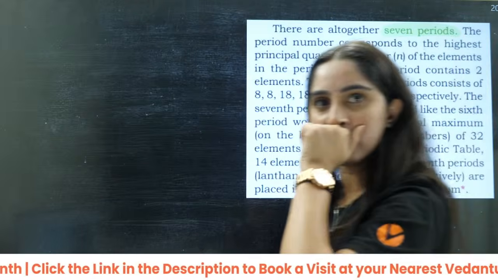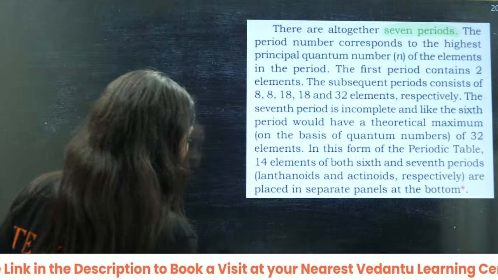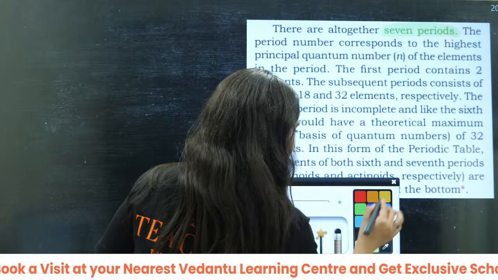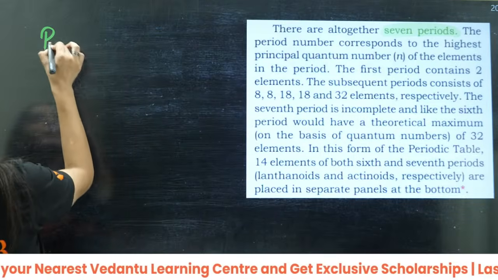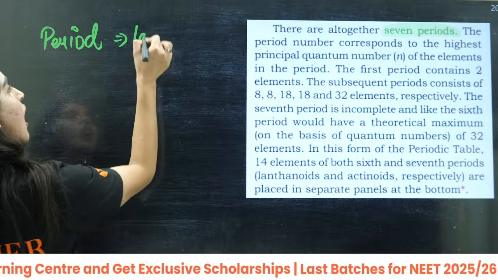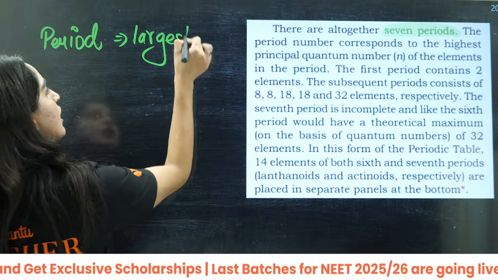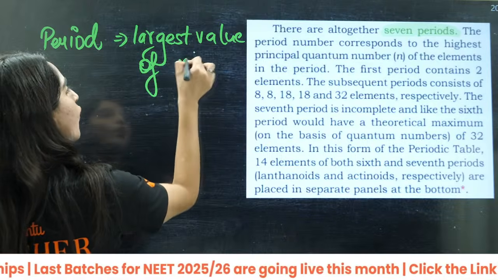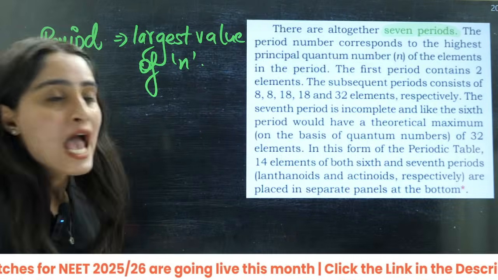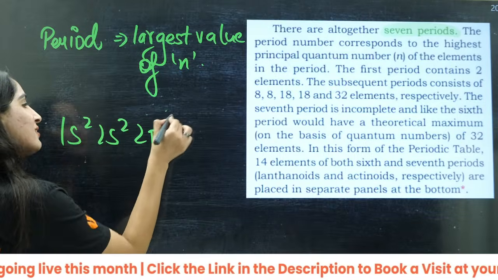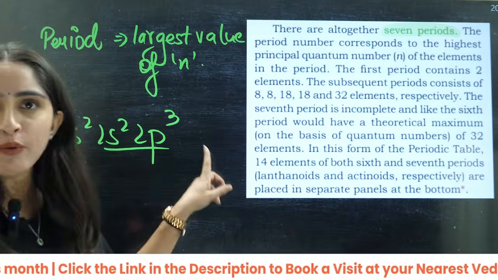Now what is he saying? He is saying that always remember, the period number is nothing but the largest value of the principal quantum number. If you have a configuration 1s2, 2s2, 2p3, the largest value is 2.